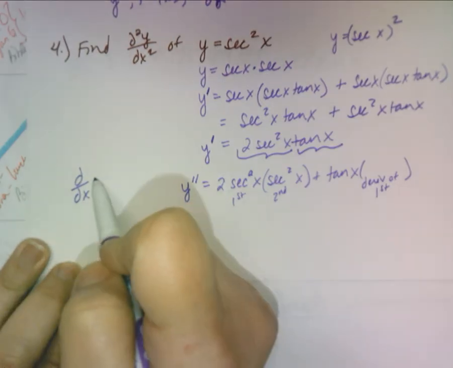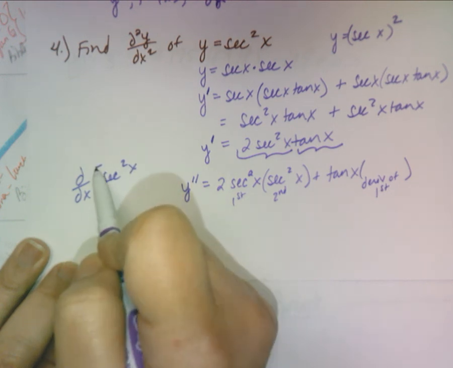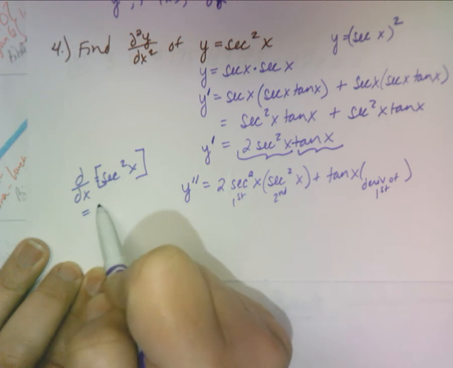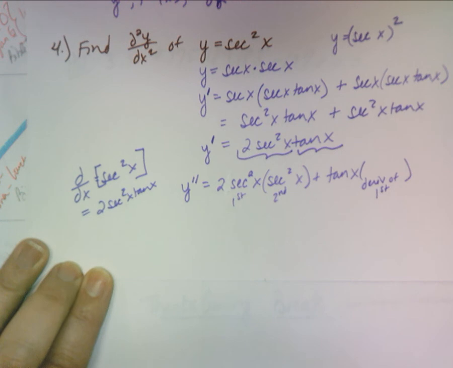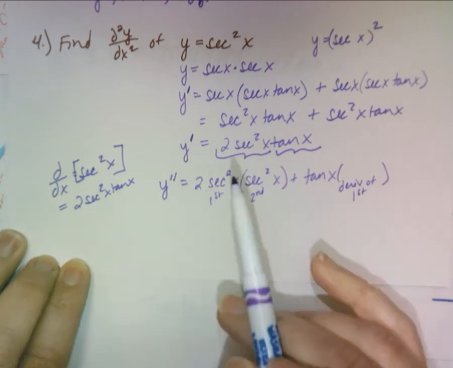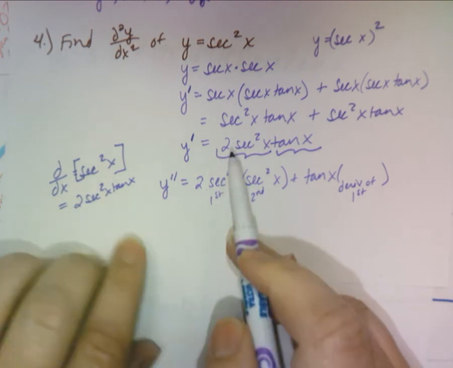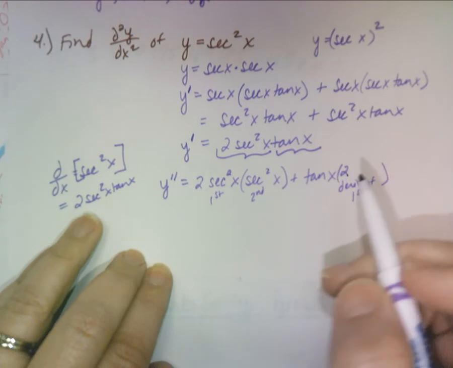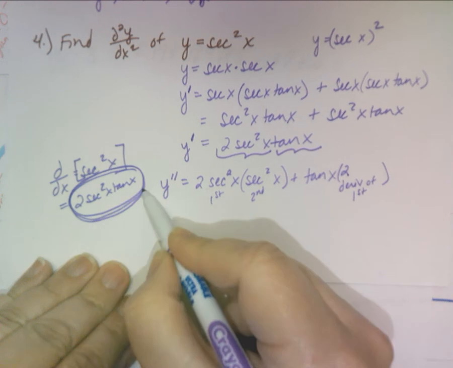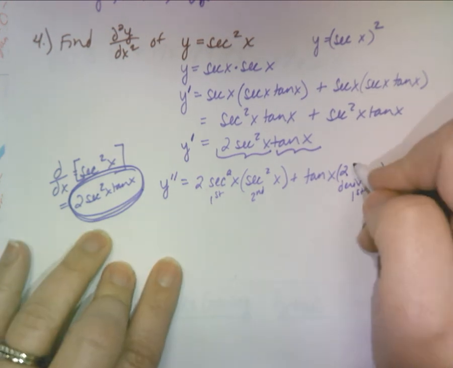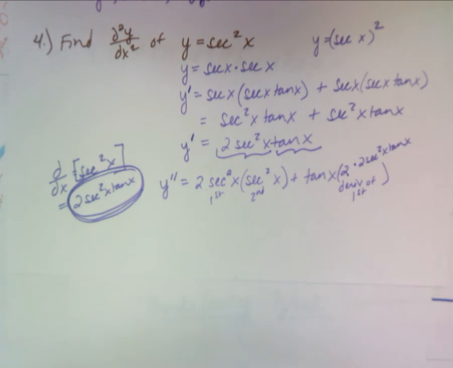The derivative of secant squared x was 2 secant squared x tan x. So if I have 2 secant squared x, remember I keep that coefficient and I multiply it by this, which would be times 2 secant squared x tan x.